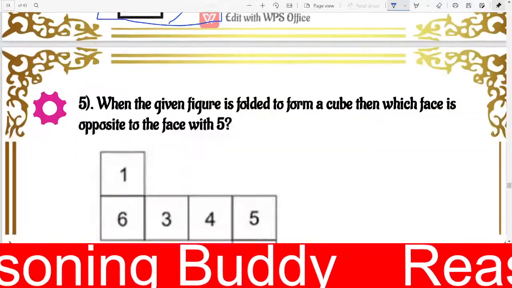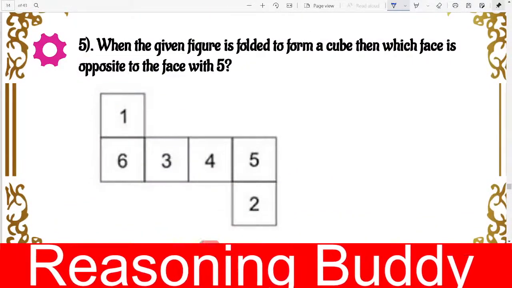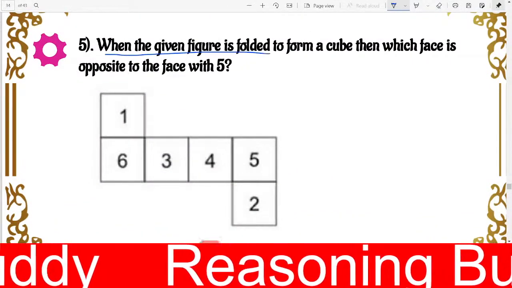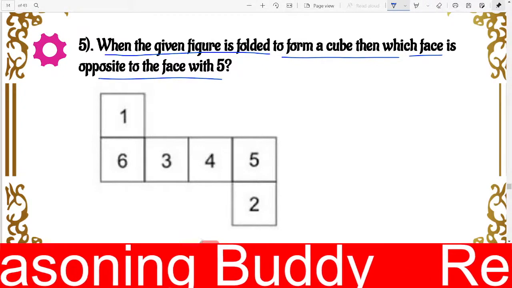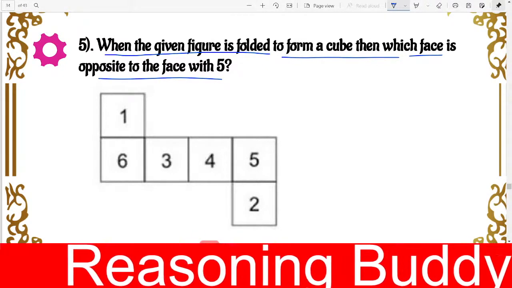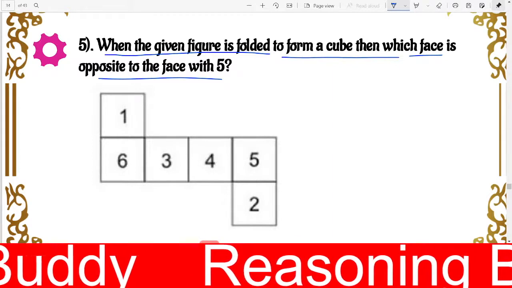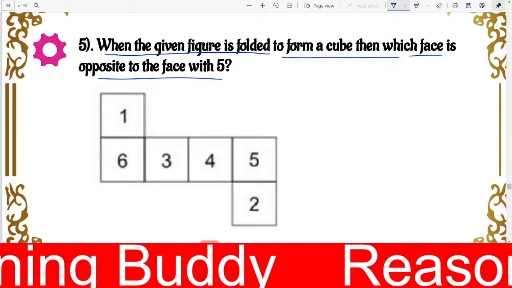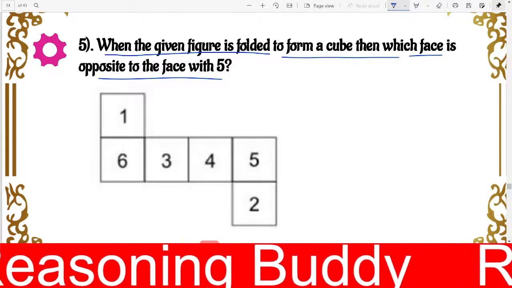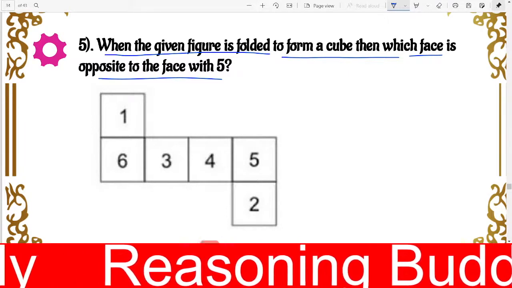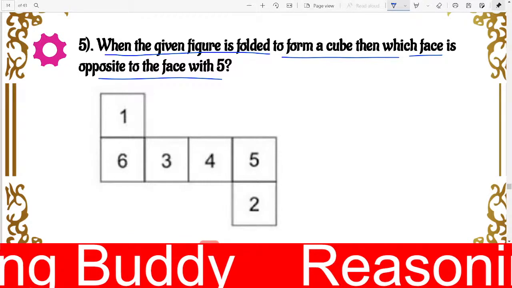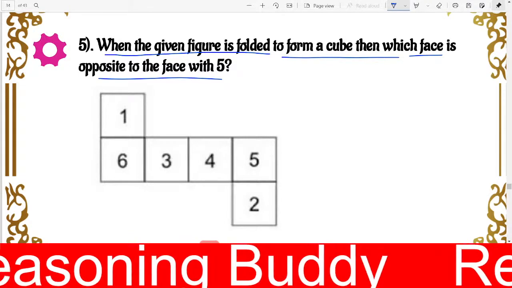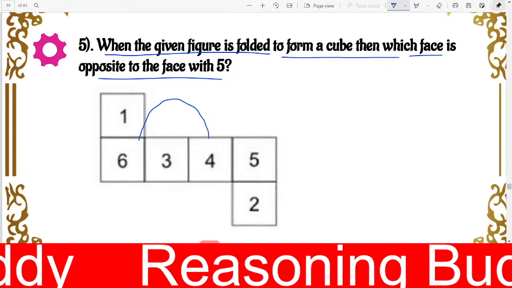Right. So next, when the given figure is folded to form a cube, which face is opposite to the face with 5? It's very tricky and easy. So I will do this. Here you can see, take one leave and next.